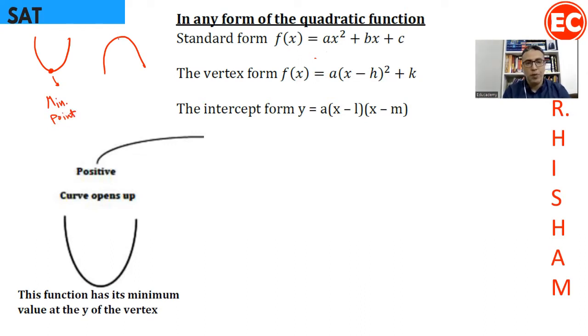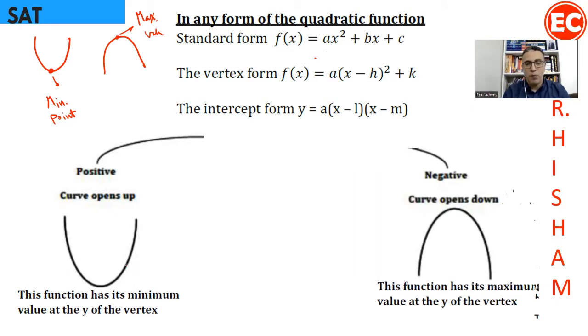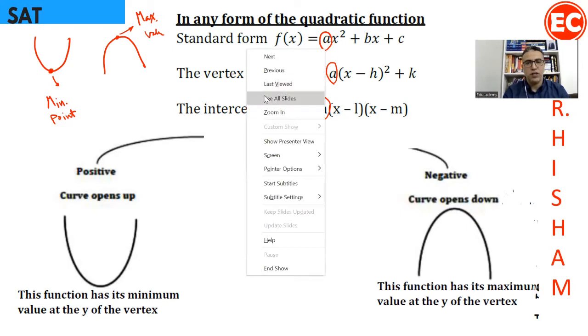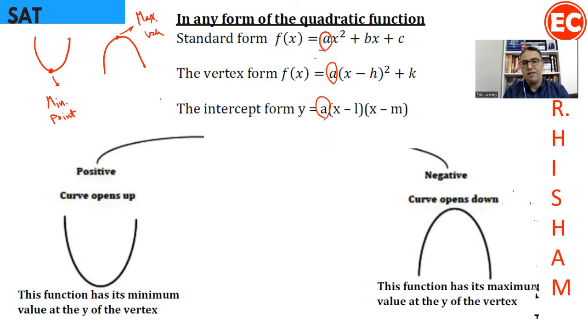And if it's open downward, its vertex is a maximum value. How can I decide if it's open upward or open downward? The value of a decides that for you. If it's in the standard form and the value of a is positive, it's open upward. If the value of a is negative, it's open downward.